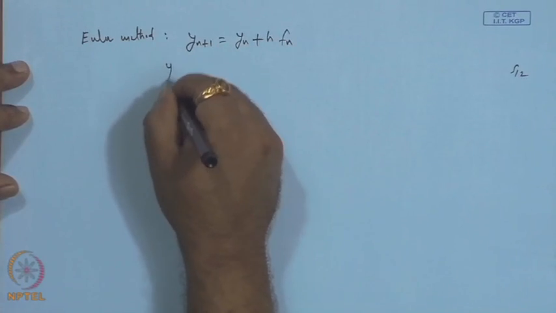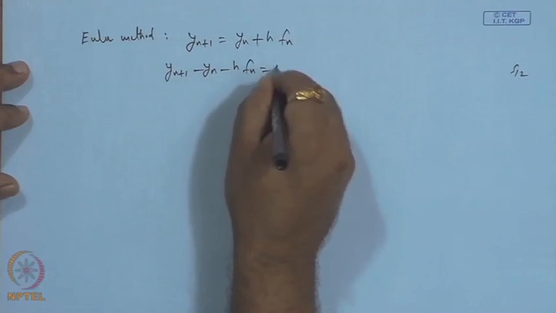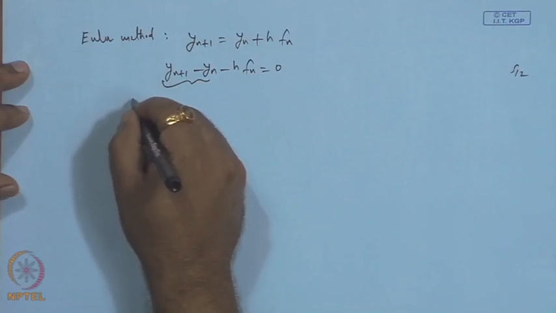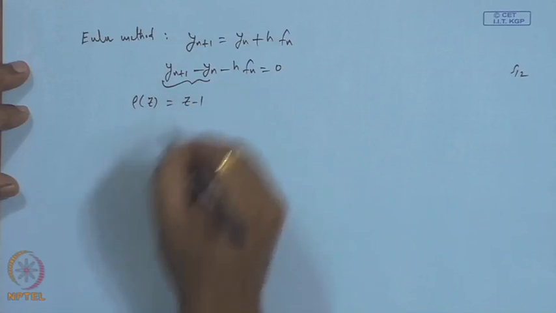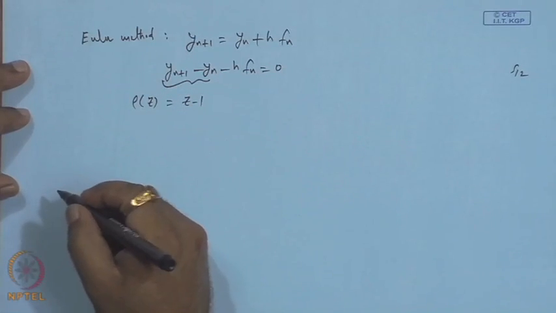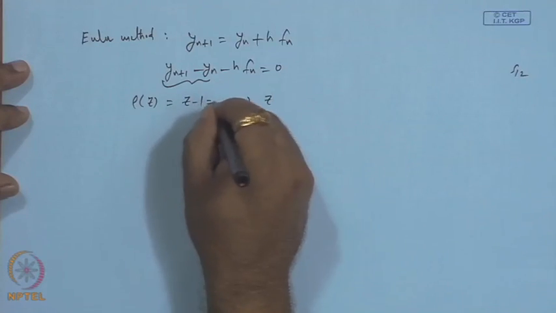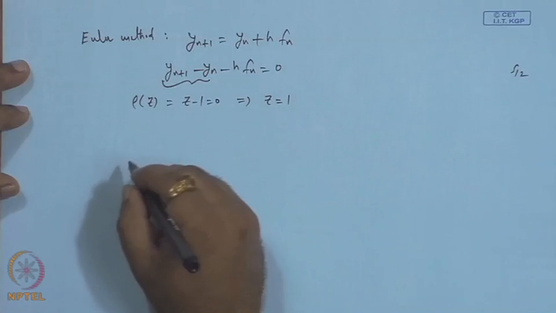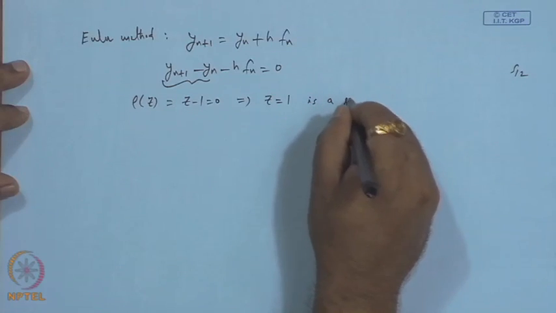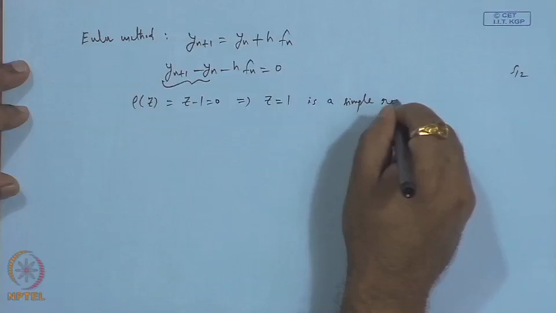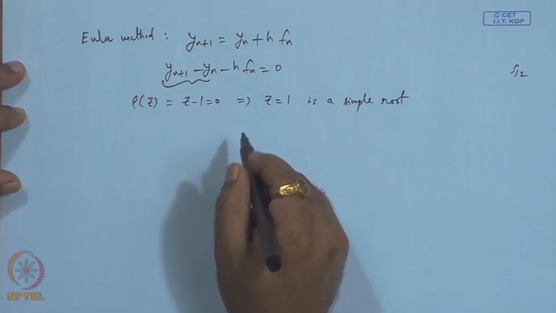What will be the characteristic polynomial? rho of z is z minus 1, which implies z equals 1 is a simple root.